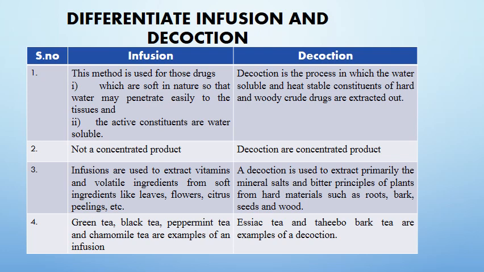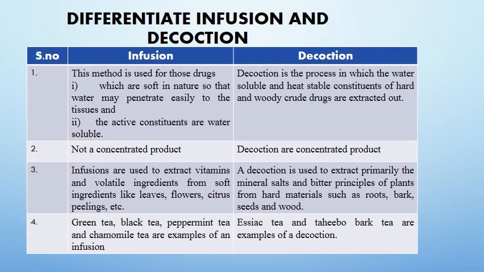Infusions are used to extract vitamins and volatile ingredients from soft ingredients like leaves, flowers, citrus peel, etc. But decoction is a process used to extract primarily the mineral salts and bitter principles of plants from hard materials such as root, bark, seed and wood.